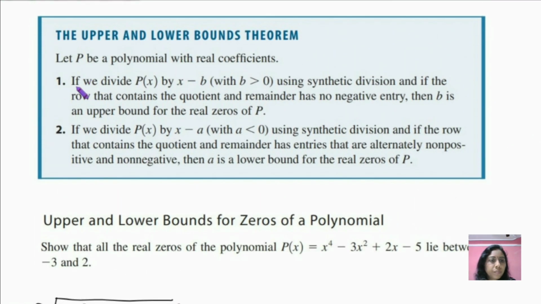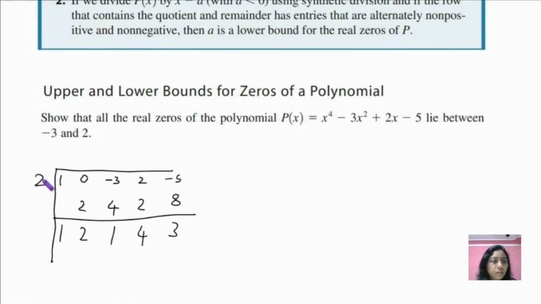According to this theorem, if we divide P(x) by x minus b and b is positive, using synthetic division, and if the row that contains the quotient and remainder has no negative entry, then b is an upper bound for the real zeros of P. It means we can say 2 is an upper bound of the given polynomial.